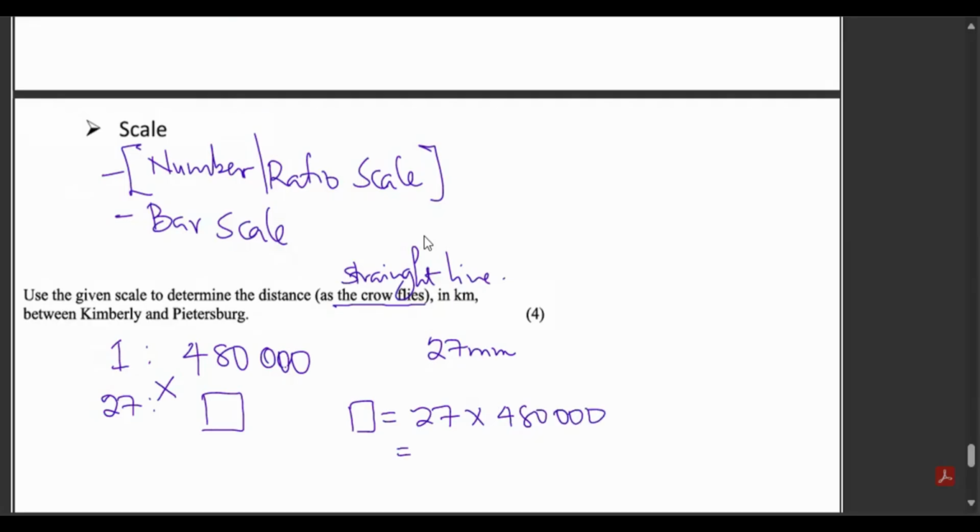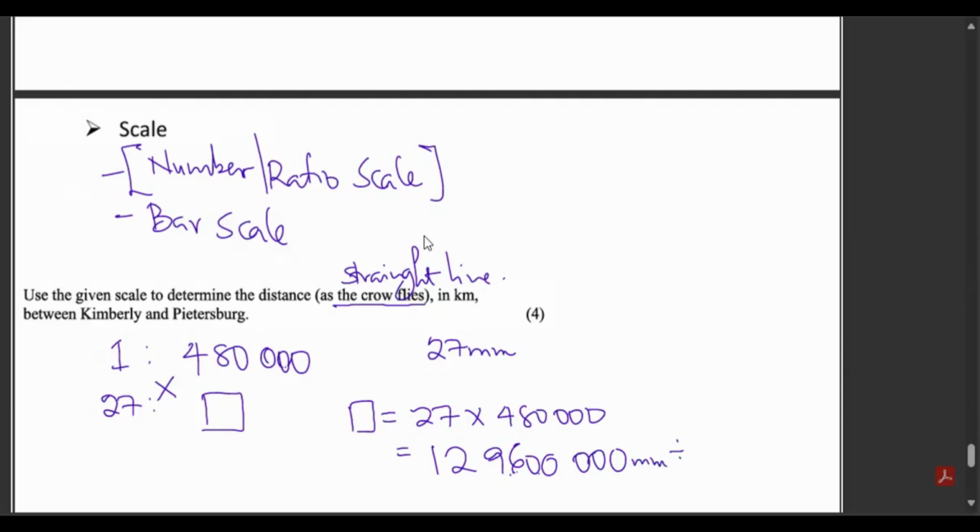So the answer becomes 12,960,000. Remember, these are millimeters.